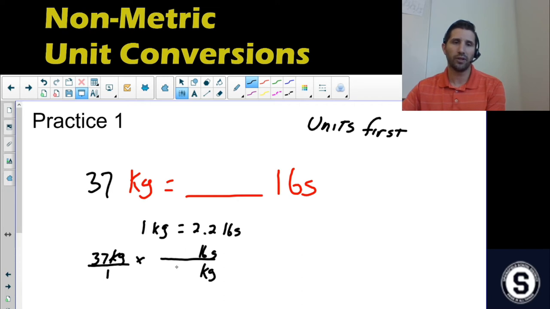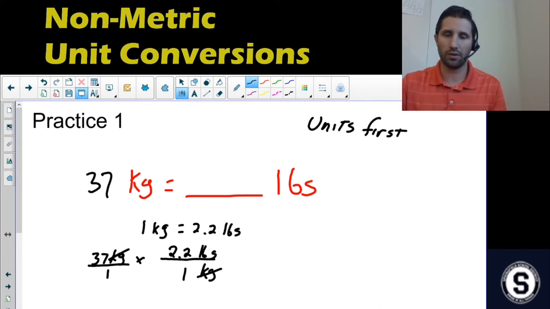And then you put in the numbers that follow the conversion factor. So 1 kilogram, 2.2 pounds. When I multiply now, kilograms here and kilograms here are going to cancel out. So I'm going to be left with the unit of pounds.